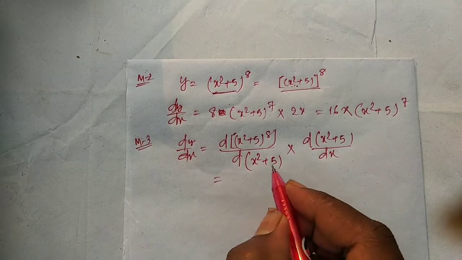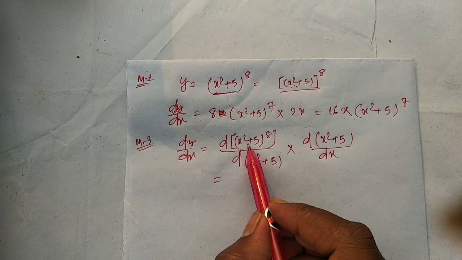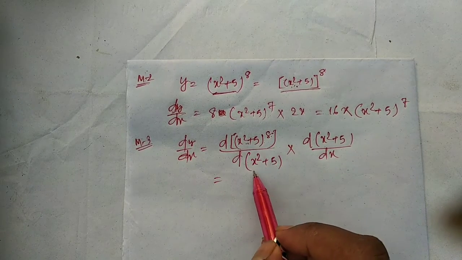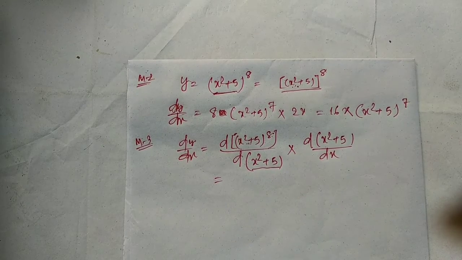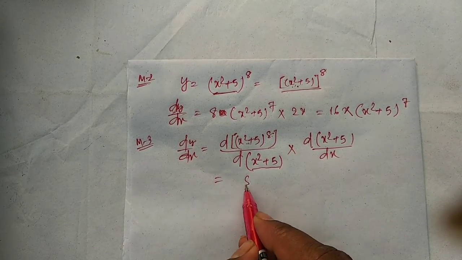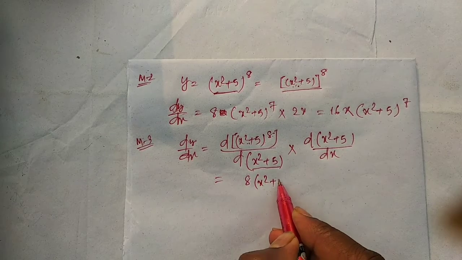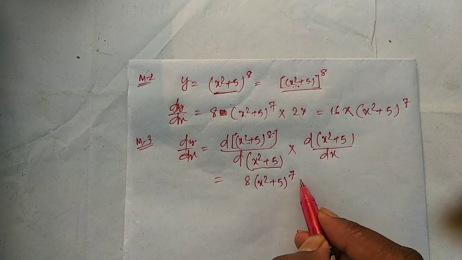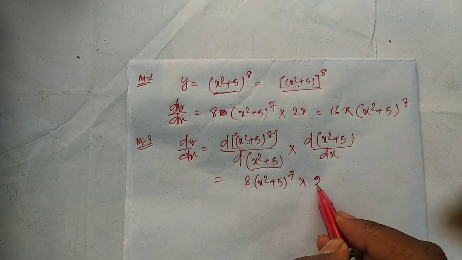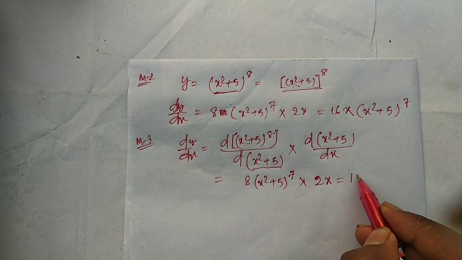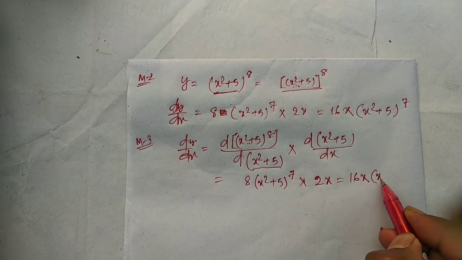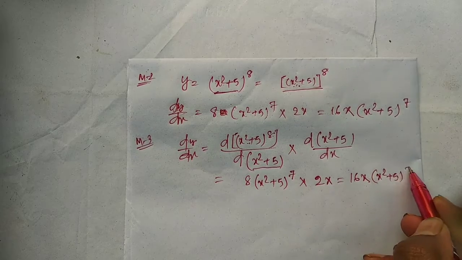If it were x to the power 8 with respect to x, the answer would be 8x to the power 7. Similarly, 8 into (x square plus 5) to the power 7, and the derivative of this one is 2x. So the answer is 16x (x square plus 5) to the power 7.